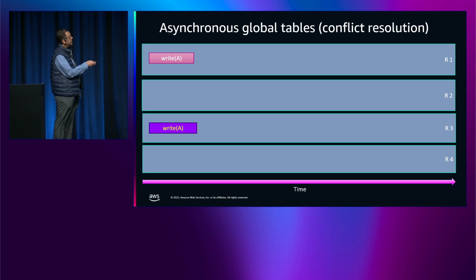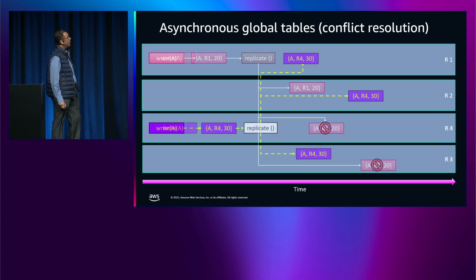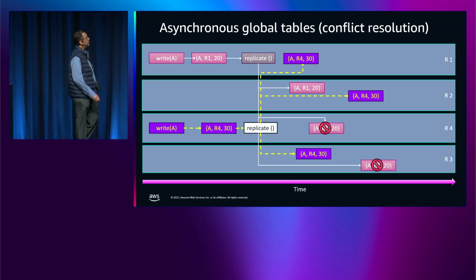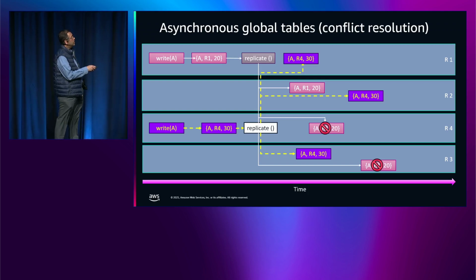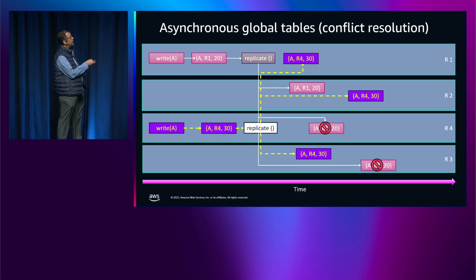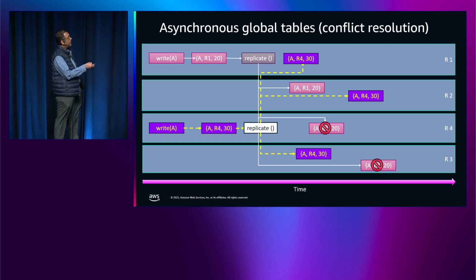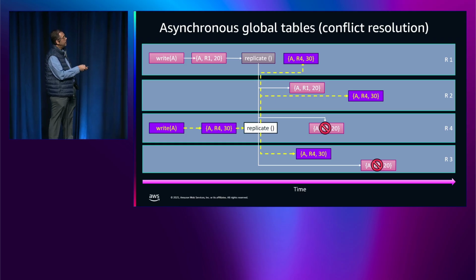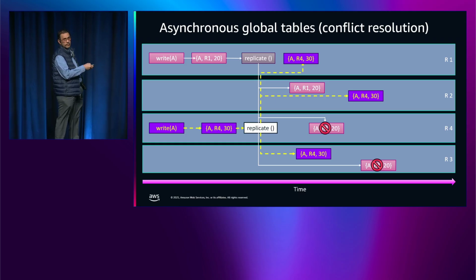So, conflict resolution using a timing diagram. At approximately the same time, the write is done in two regions. Both of them are going to replicate forward. This time here, 20 and 30, indicates the time at which the write happened. Since this write says 20, a subsequent write, which says timestamp 30, will overwrite.